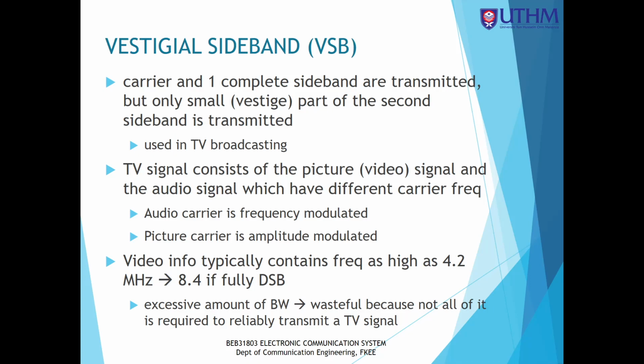So audio carrier is frequency modulated, while picture carrier is amplitude modulated. So the signal will carry both of these, the audio and also the video. Video information typically contains frequencies as high as 4.2 megahertz up to 8.4 megahertz, a full double sideband.